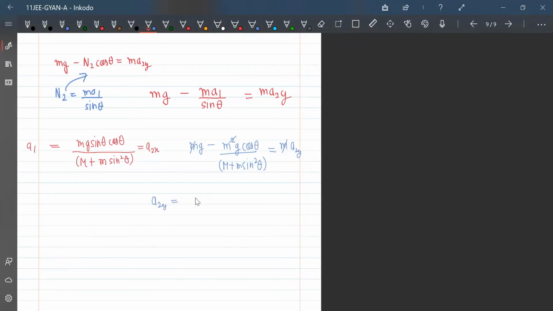Then a2y will come as g minus mg cos theta divided by m plus n sin square theta. अच्छा a2x a2y आ गया. Then acceleration a2 will be root over a2x square plus a2y square.